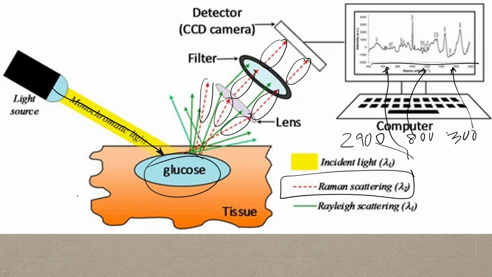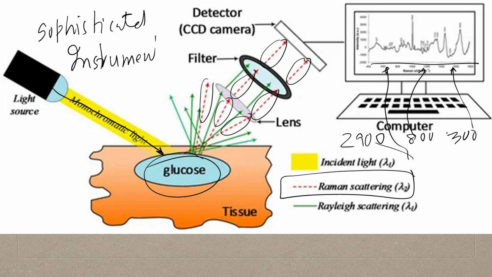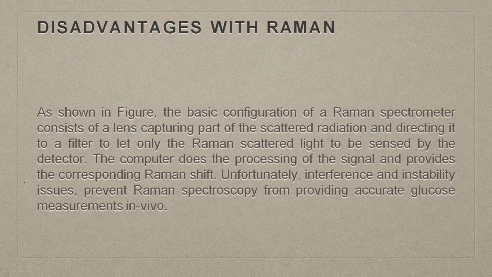So, you realize again this comes with a sophisticated instrumentation, and all these detection tools are exceptionally challenging in terms of the sophistication of the optics, and there are certain basic disadvantages with Raman.